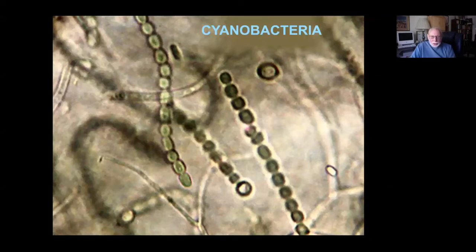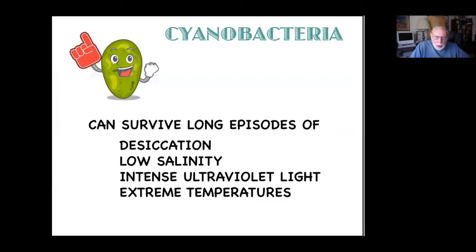These cyanobacteria that form the stromatolites are pretty darn amazing. They're kind of the Swiss Army knives of bacteria. They can survive long episodes of desiccation, low salinity, intense ultraviolet light, and extreme temperatures. So they can live in a lot of different places.